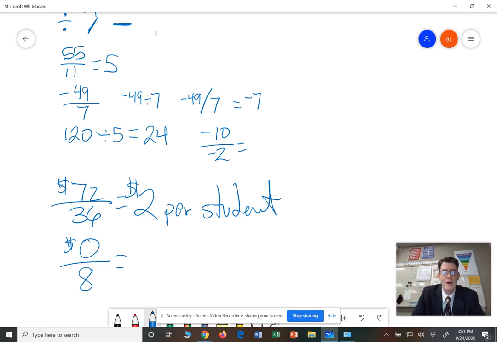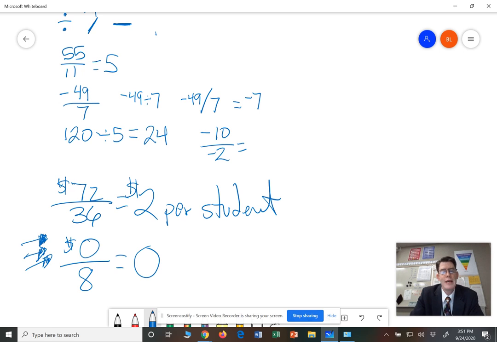Well, if you type that in your calculator, you're going to find that everyone's going to get $0. That's what they're going to be left with. $0. Everyone gets that. Anytime the 0 shows up as the numerator, the thing we're dividing, of course, when I take $0 and I give it to all 8 people, they're all going to get 0.